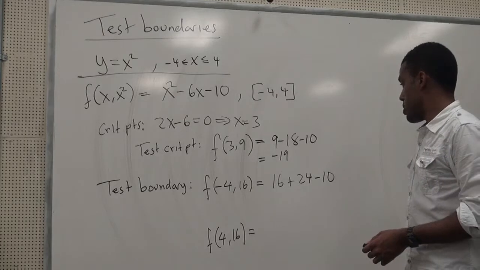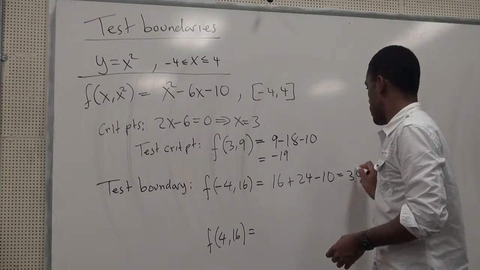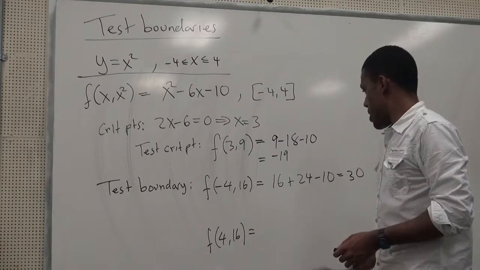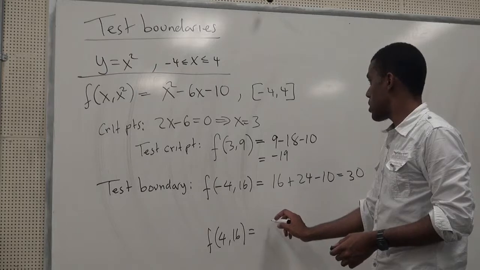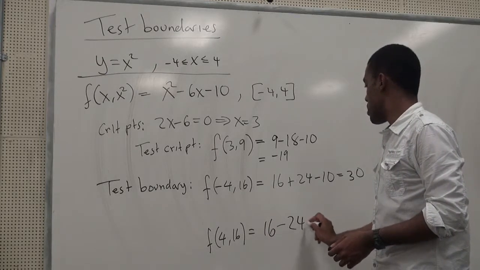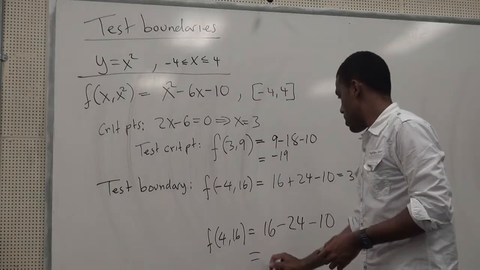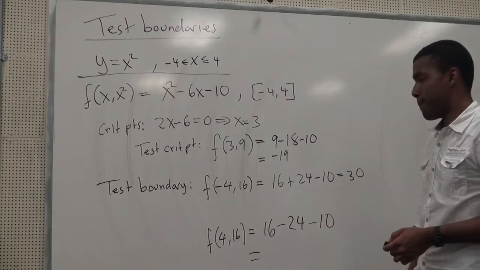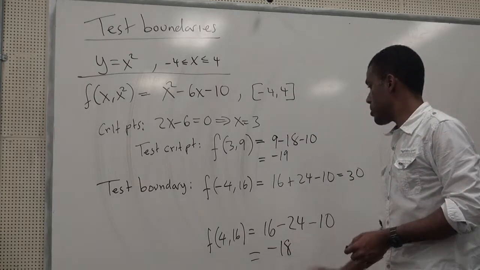That gives me what? 30. And then if I plug in positive 4, I would get 16 minus 24 minus 10. What is that? Minus 18.